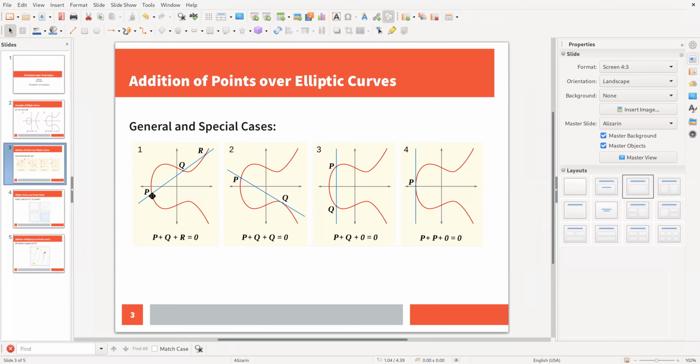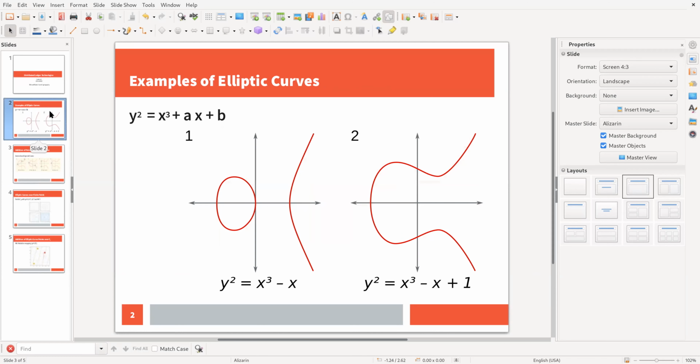Taking 2 points P and Q on the elliptic curve, and it is important, apart from this curve, we also define a 0 point, which is the infinite point. Infinite point means x equals infinity, y equals 0.